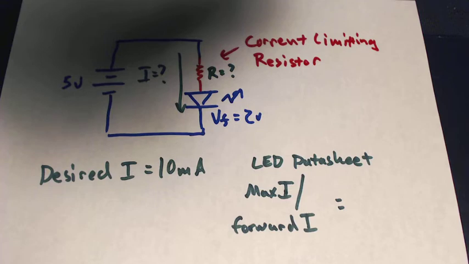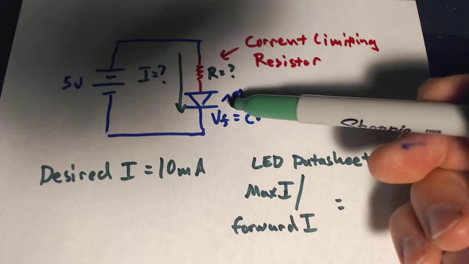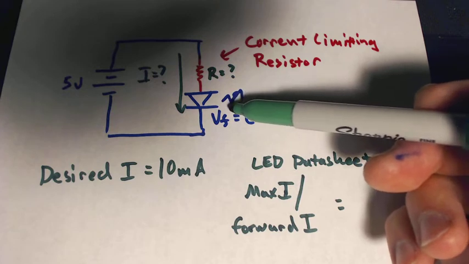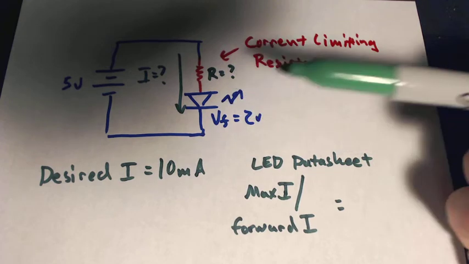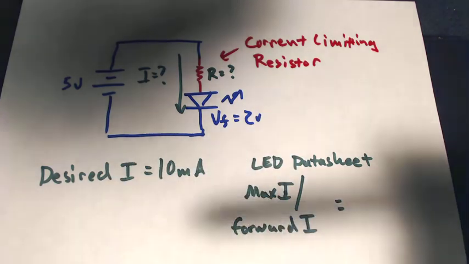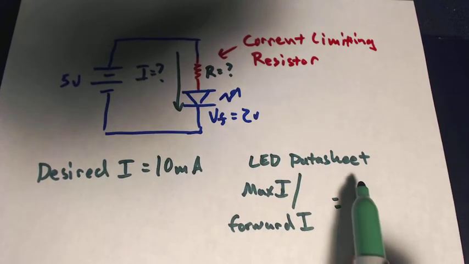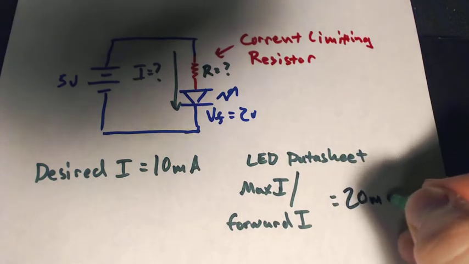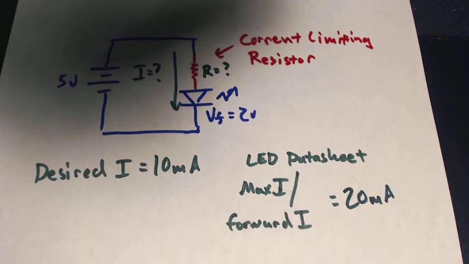Now, I'm working off of the assumption that this is a general purpose indication LED. This is the type of LED that's in your printer to let you know that your printer is on, or in the bezel of your monitor, your LCD, in order to let you know that your LCD is on. So I'm just treating it like a general purpose indication type LED. And if you look up a data sheet for one of those, it's very common to find that these are about 28 milliamps for this max current or forward current.